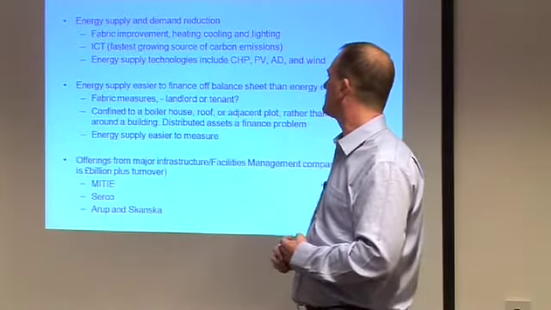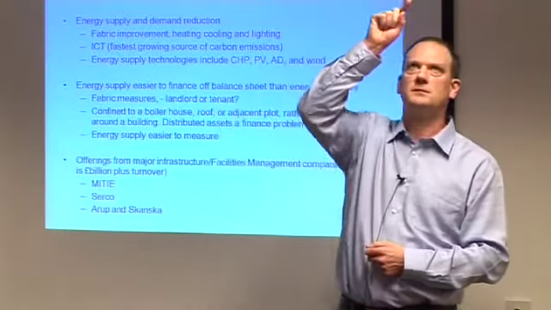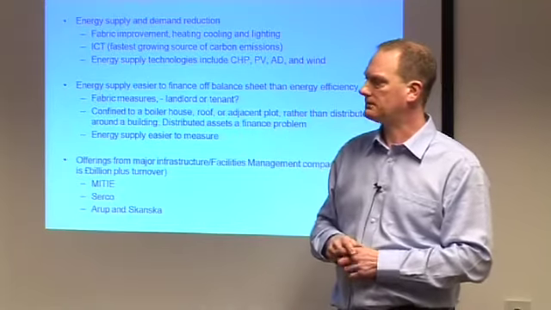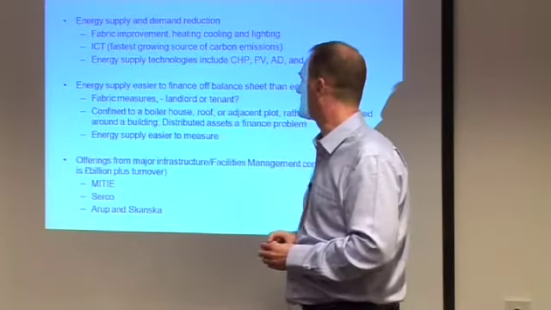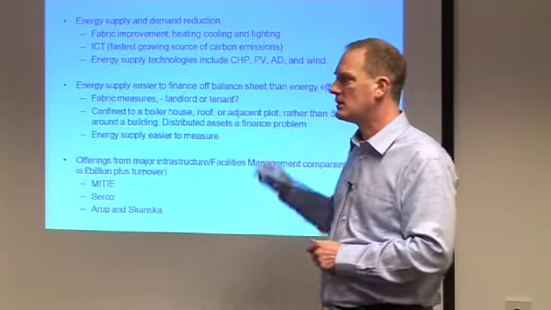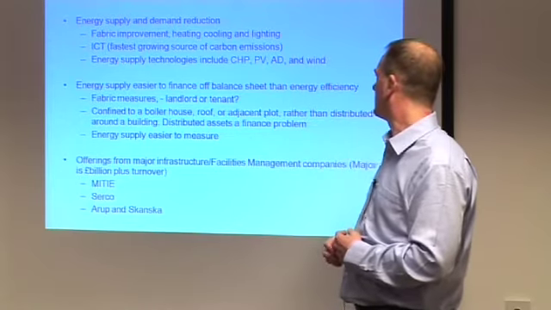So it's very difficult to finance this kind of kit replacement. Again, does the tenant do it or does the landlord do it? It's a very difficult problem, but cracking that problem is something that we've got to do in order to get anywhere near the kind of targets that have been talked about.